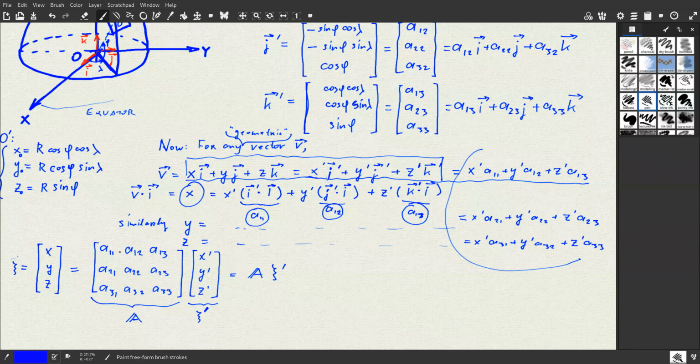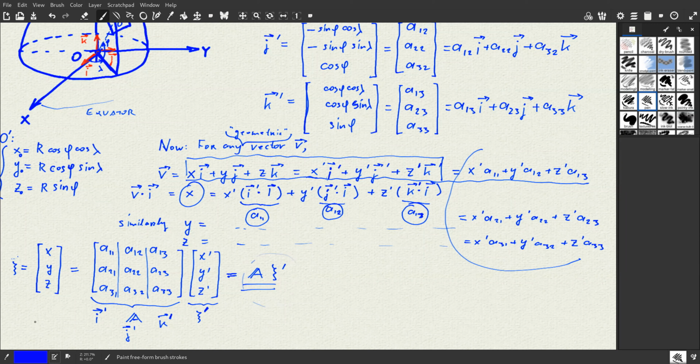What are columns of this matrix? Columns of this matrix are precisely our vectors I prime, J prime, and K prime, multiplied by x prime, y prime, z prime, or in a matrix notation, denoting the left-hand side as xi, as we did already, and the right-hand side as xi prime. So we get xi equals A times xi prime.